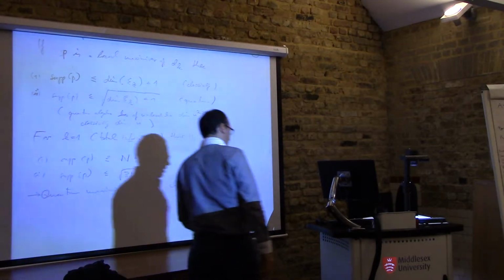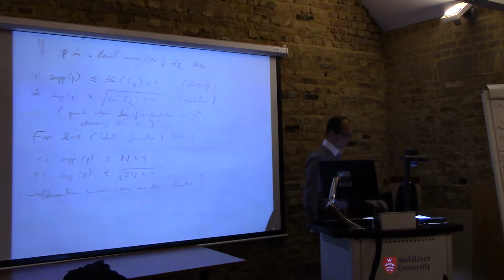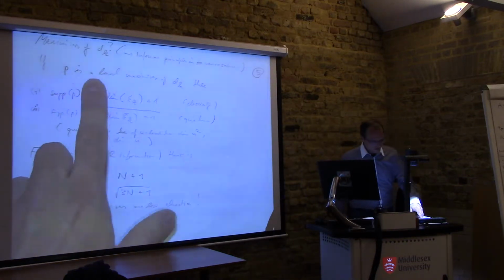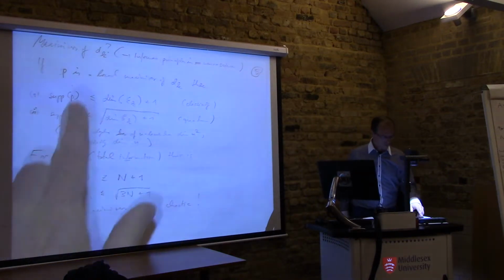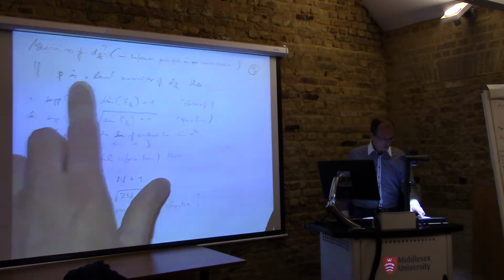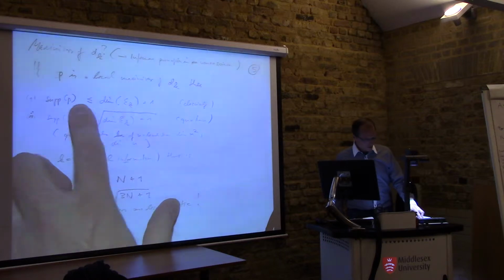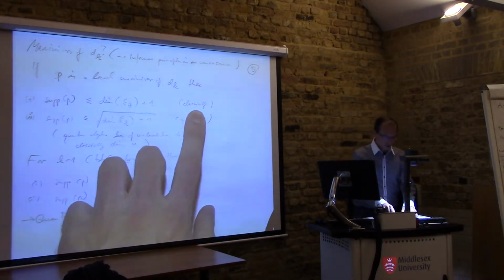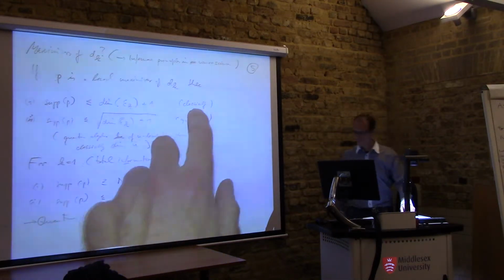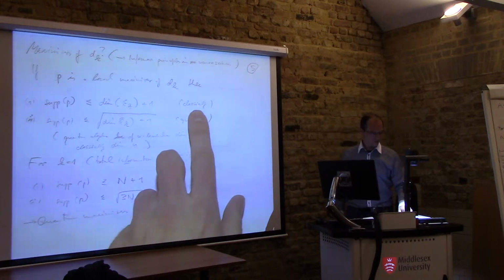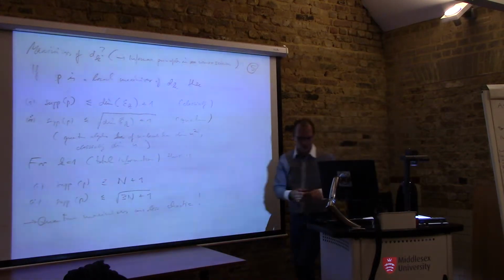Which distributions are local maximizers, for example, of such a correlation measure, the distance from the k-body interaction distributions? And then it turns out, this is a result by, I should have written it here. I will write it here.